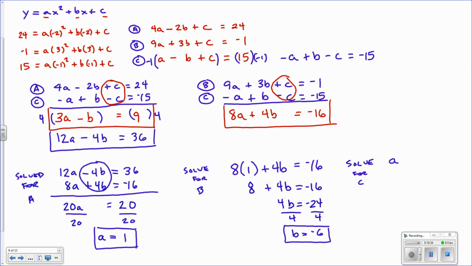I have a minus b plus c equals 15. So, 1 minus negative 6 plus c equals 15. 1 minus negative 6 is like 1 plus 6, and that's going to give us 7 plus c equals 15. We subtract our 7, and c equals 8.